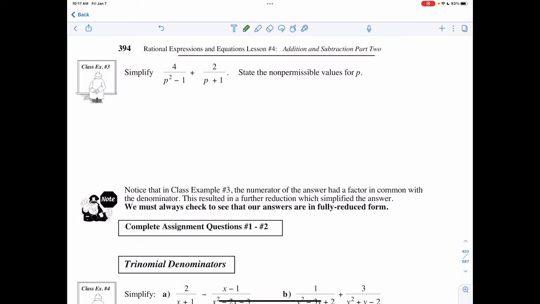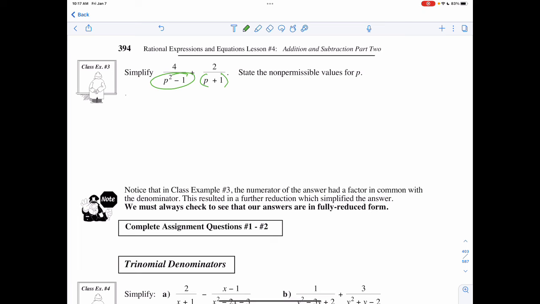For example 3, now we need to factor down to see what the common factors are. So I need to factor down the left. On the right, it's already at its lowest common factor.